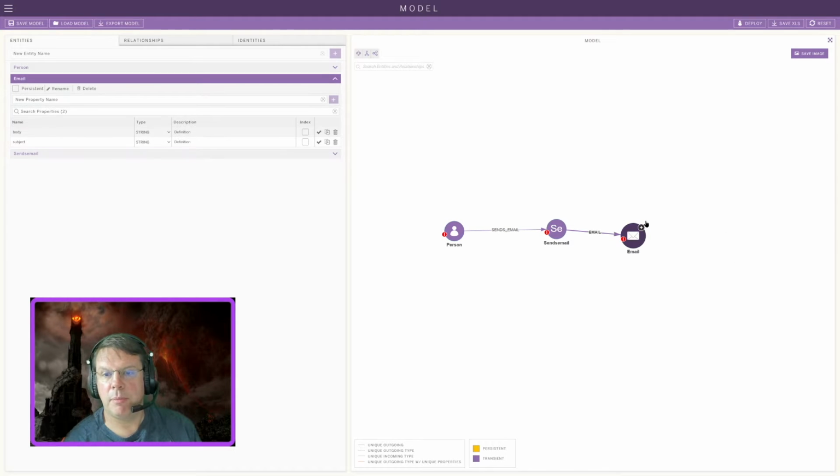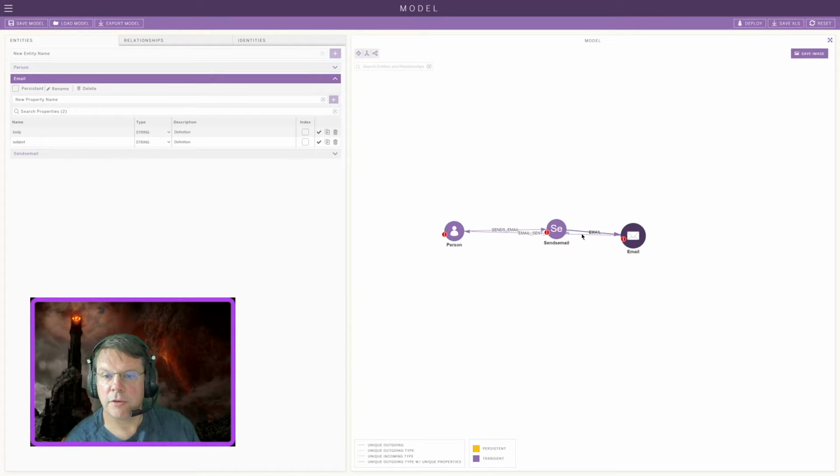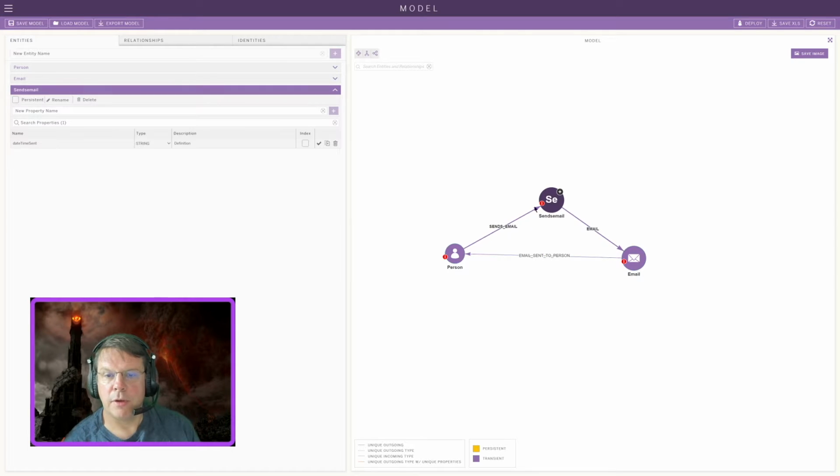And then the email, of course, has the body. And then the email could go back to a person, right? So email sent to person. Okay, so let's just move some things around. So we could start doing maybe a little bit more like this.